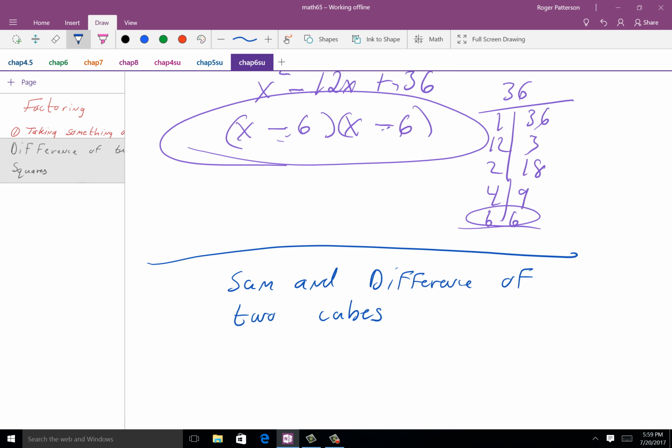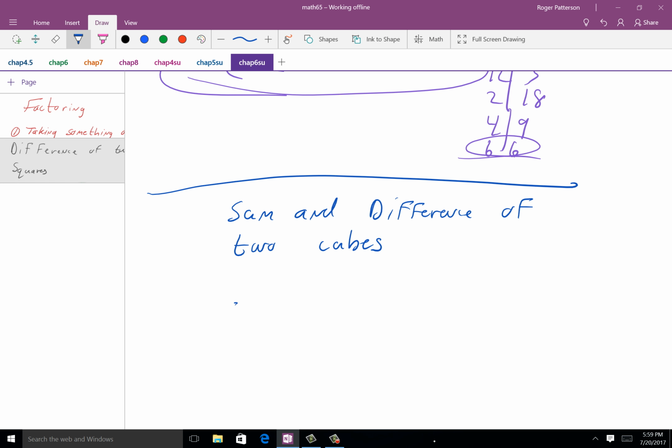So, what you want to do is, let's see, where is it at? It's on page 447, and it says factoring the sum of difference of two cubes, and it gives you a formula for them. Okay? So I'm going to write it out for you, but it's also in your book on page 447.